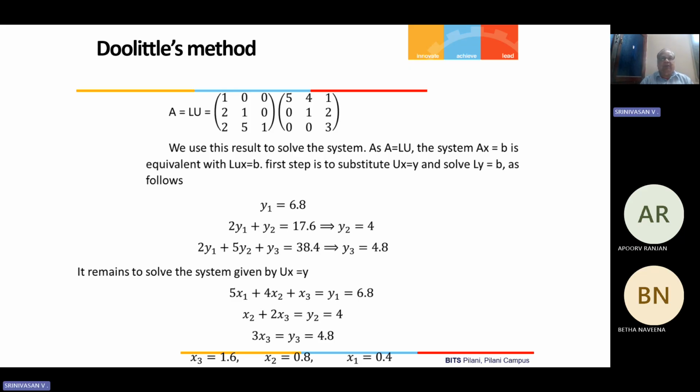It is now, this implies your U matrix times X1, X2, X3 is equal to here, this one, your 6.8, 4 and 4.8, for this portion.